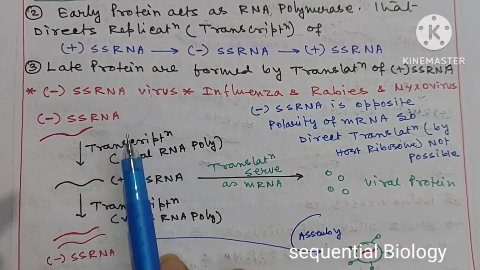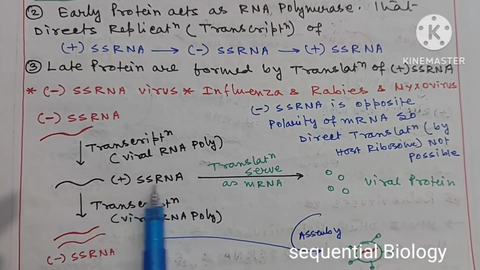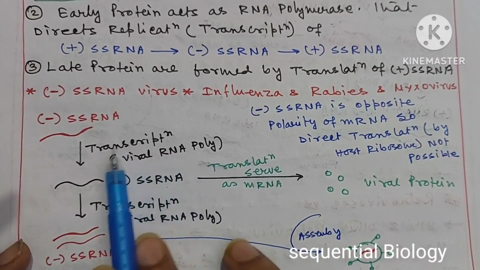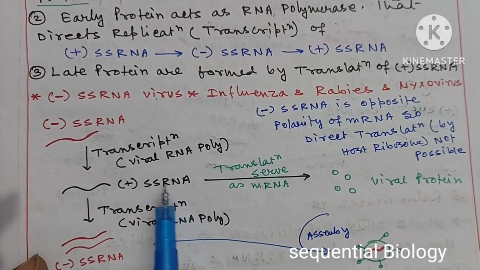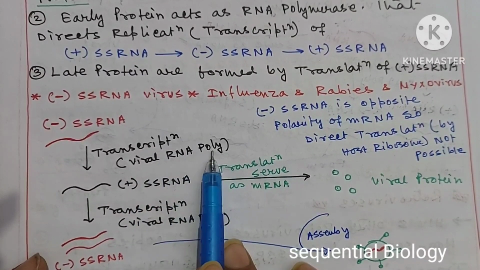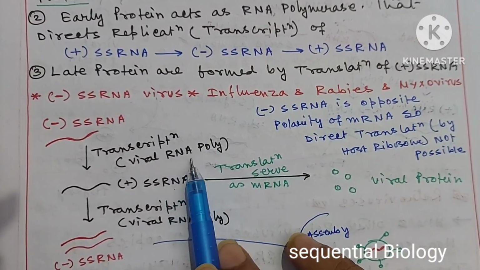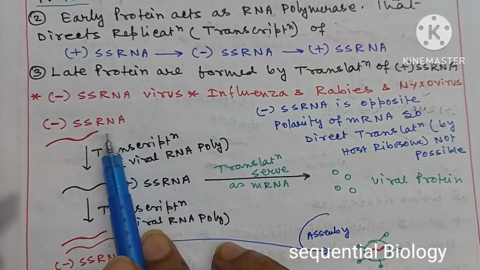This minus ssRNA is first transcribed into plus ssRNA. Actually they do not undergo translation, but are first transcribed. Transcription is the process by which RNA is synthesized, and here it is performed with the help of viral RNA polymerase. In viruses there may be a few enzymes present, and these enzymes and the genetic material enter the host cell.